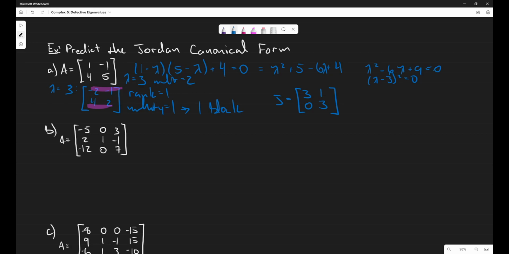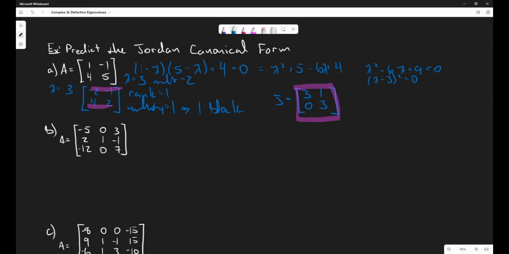Because we have 1 block and we're working with a 2 by 2 matrix, that block will be a 2 by 2 matrix as well. So our block will be just this portion here. As we continue with the examples, hopefully you get an idea of what a block looks like in terms of a 2 by 2, 3 by 3, and so on and so forth. I think the highest I have here is a 3 by 3, but I could be wrong. So let's move on to the next example.